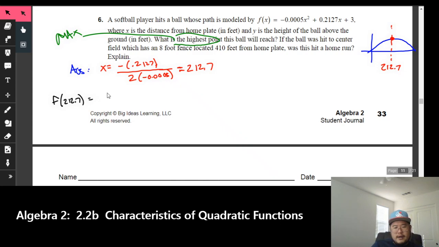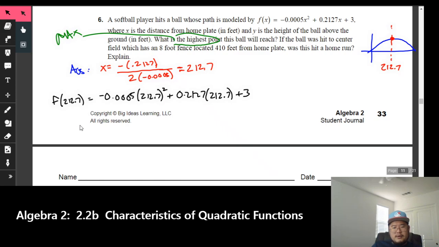I changed things up a little bit because this is how you set up your function in the most proper manner. So all I'm doing now is taking the original function and plugging things in to figure out my value of y, or f of 212.7.